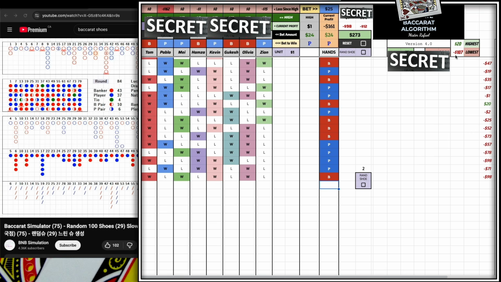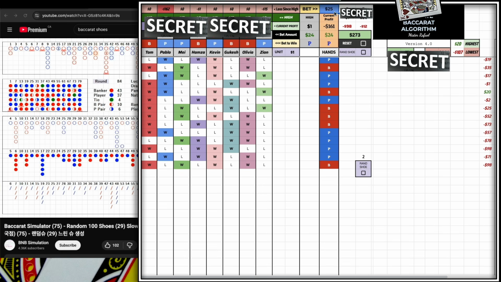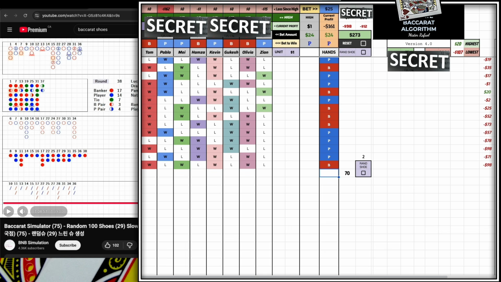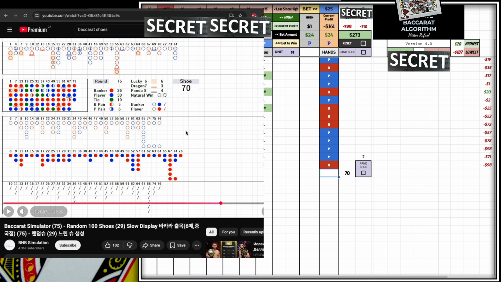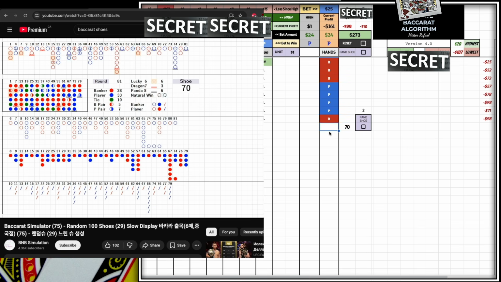Biggest drawdown, minus 107. Currently sitting at minus $98, with the next bet being $25 on player. Shoe 70, start from here. Okay, gonna skip ahead. Shoe 70, here we go.